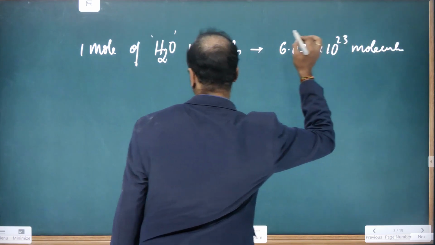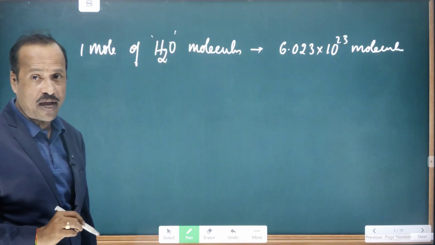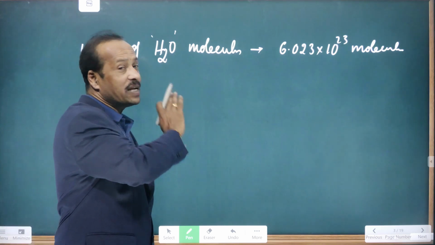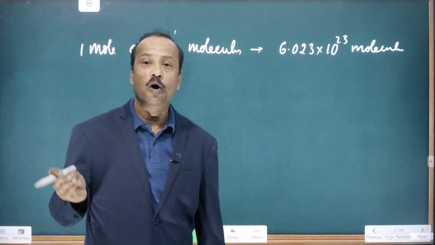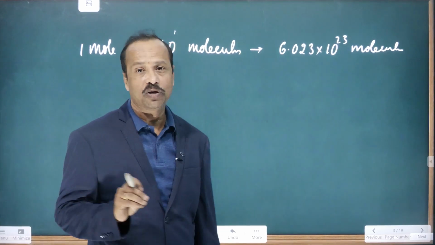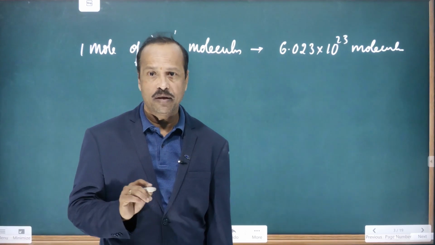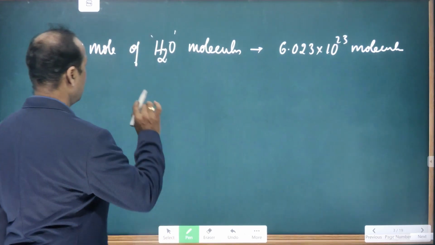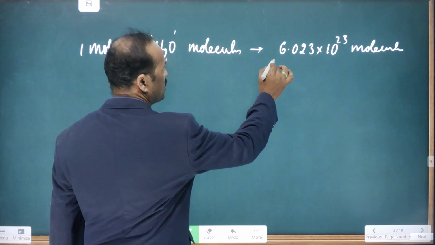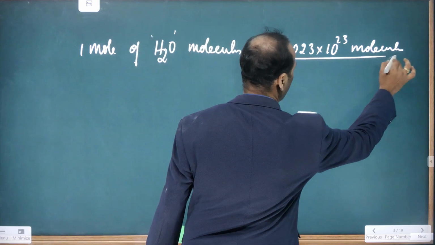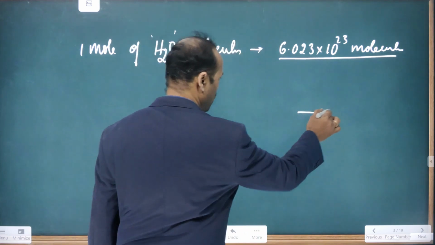Now, sometimes the question may ask how many hydrogen atoms are there in 1 mole of water molecules, or how many oxygen atoms are there in 1 mole of water molecules. Here you know that 1 mole of water molecules consists of 6.023 into 10 to the power of 23 molecules.